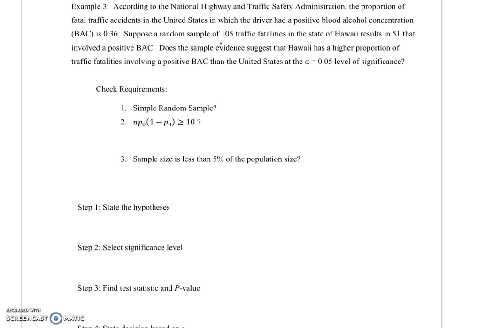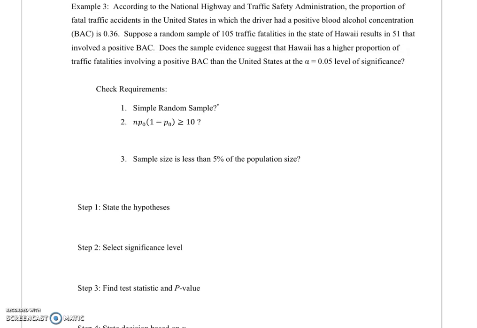Suppose a random sample of 105 traffic fatalities in the state of Hawaii results in 51 that involved a positive blood alcohol concentration. Does the sample evidence suggest that Hawaii has a higher proportion of traffic fatalities involving a positive BAC than the United States at the alpha equals 0.05 level of significance?